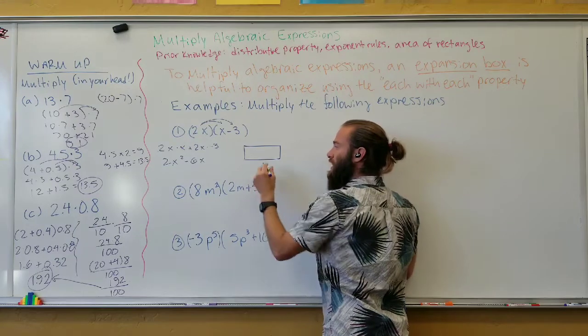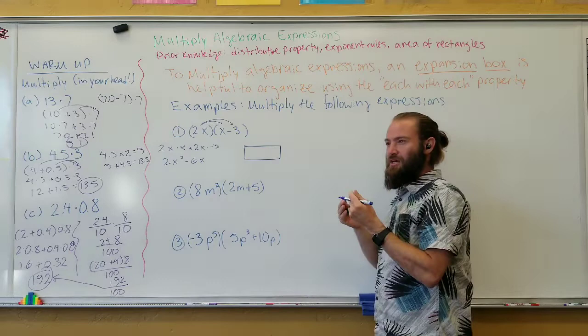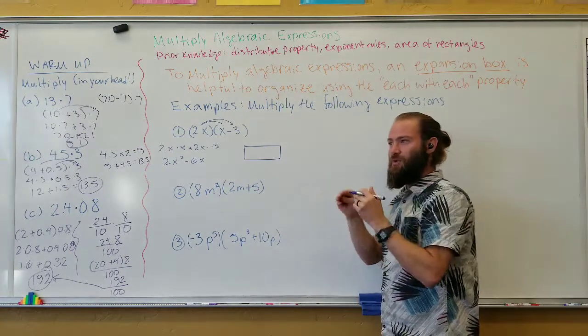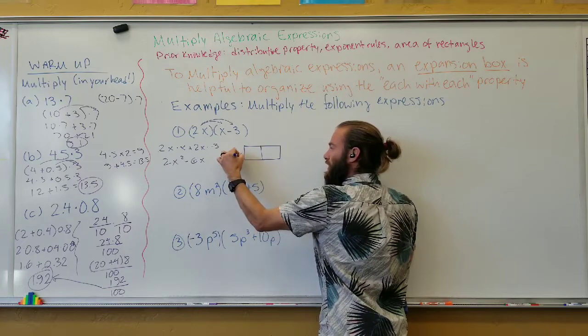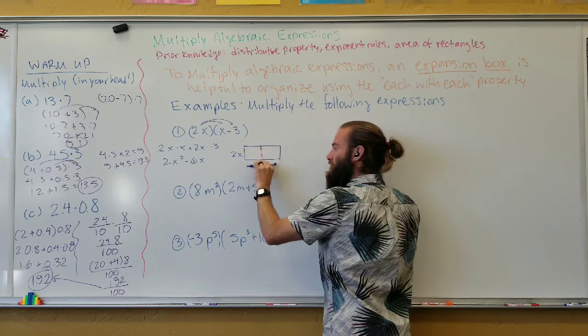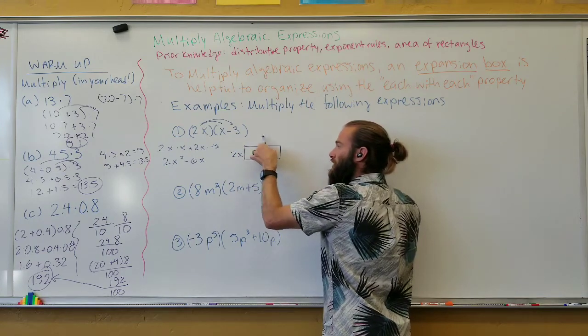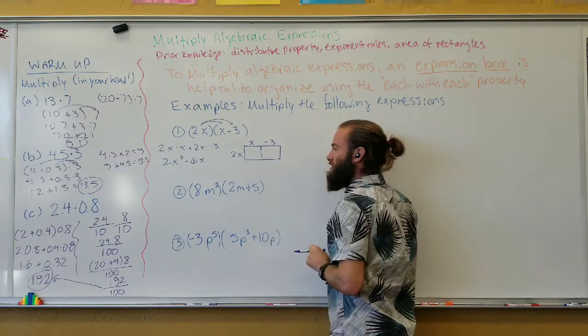Well, this new tool I told you about, it's helpful to get used to using it. And an expansion box, and you don't need to make the pieces bigger or smaller now, because we have variables, so it's like, we can't accurately say what's bigger than what. So for now, I know that I'm going to be multiplying 2x, which only has one term, so there's only one row. There's not 2 rows, but there's 2 columns, because this has 2 terms. It has an x, and then it has minus 3.